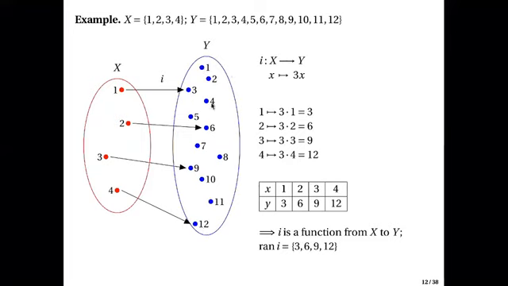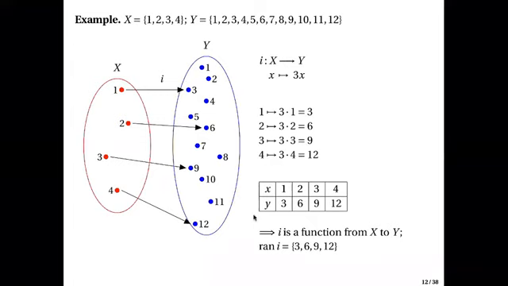Okay? So this is your codomain. But if we only look at the range of I, the range contains only 3, 6, 9, and 12, because these are the only numbers from Y that have corresponding partners.